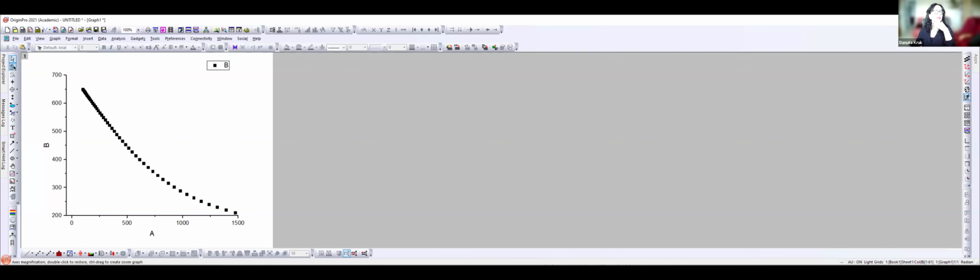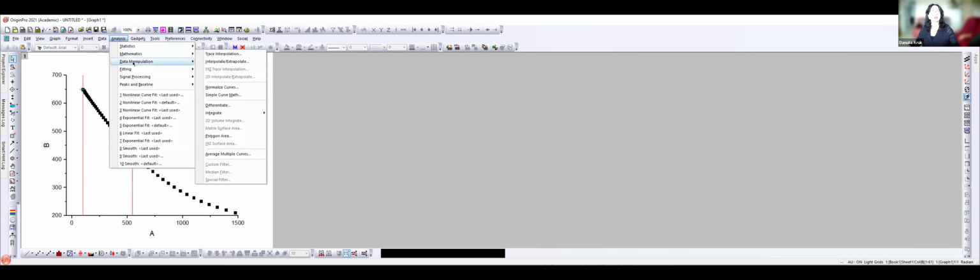And then I can take the proper range which I want to use. So let's say, yeah, let us not fight for single points. And in this range, analysis, fitting, linear.